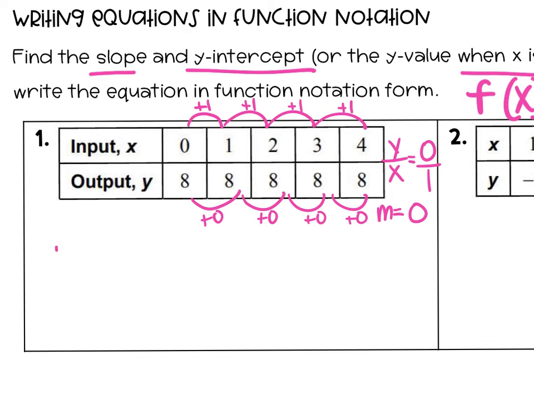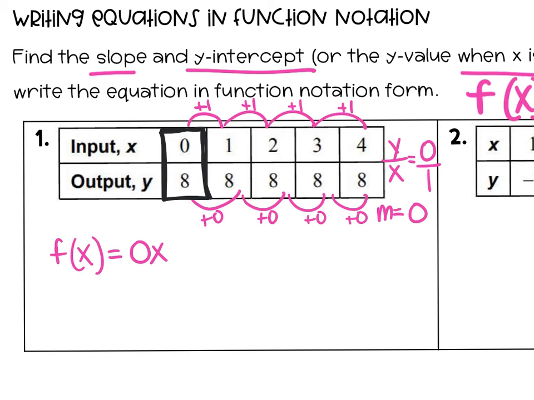All right, remember, instead of y equals, I want to write f of x equals to show that's a function. If my slope is 0, I want to write 0x, and then just to point this out again, the y-intercept is when x is 0, okay? That's where the line is going to cross the y-axis.